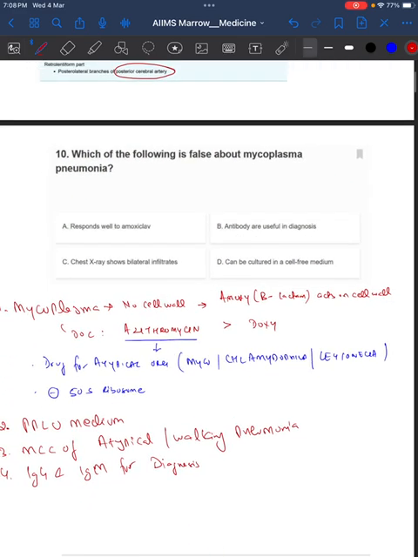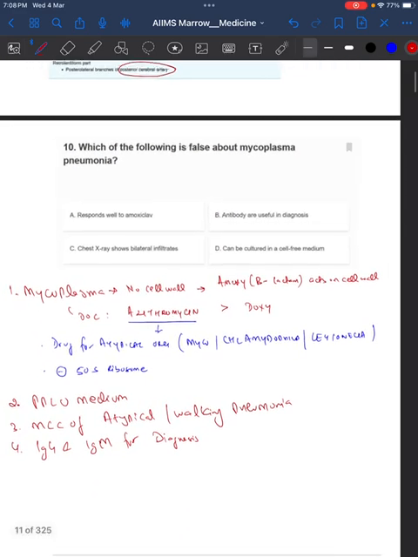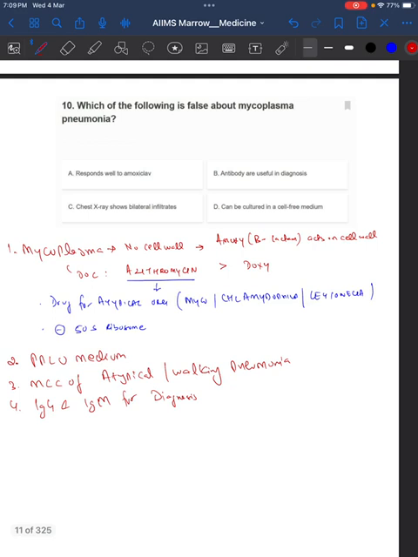Then the last question for today is, which of the following is false about Mycoplasma pneumonia? First we need to know that this is an atypical organism with no cell wall. So if there is no cell wall, beta-lactam antibiotics like amoxiclav will never act, because these act on the cell wall.